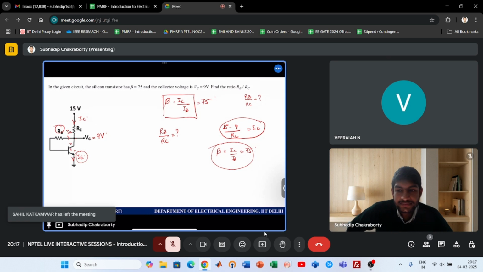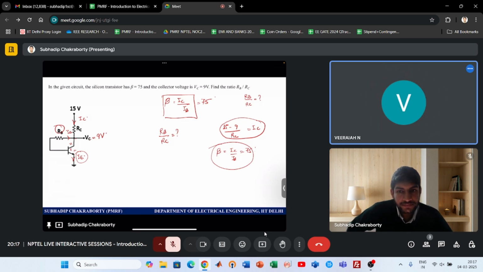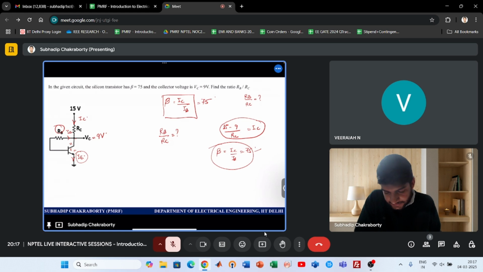Substituting here in the above equation, replace IC with 75 into IB. Yes, correct. IB I can replace, okay. But what equation can you form with IB?